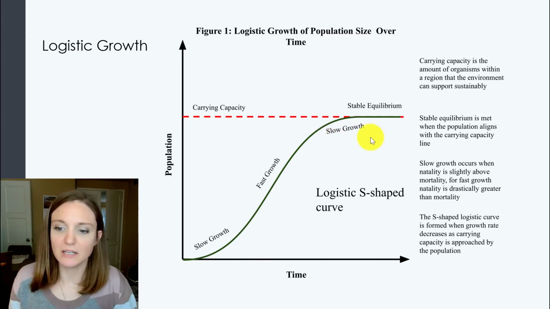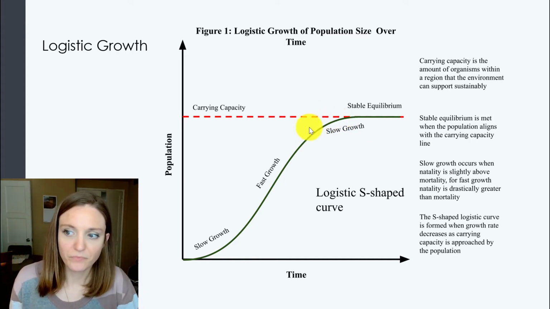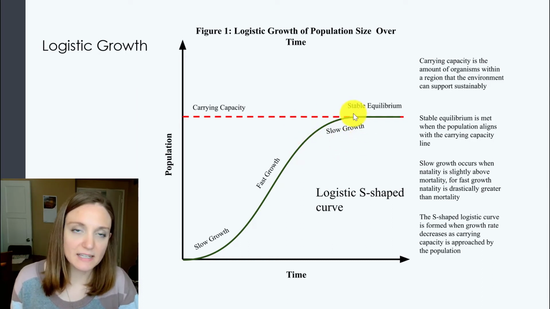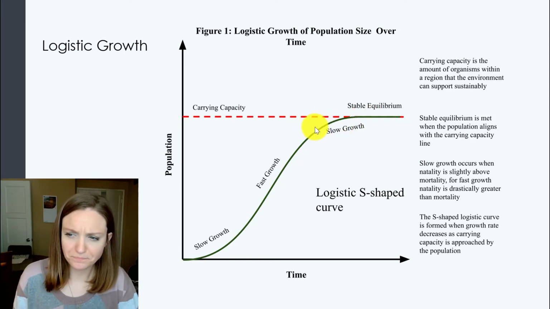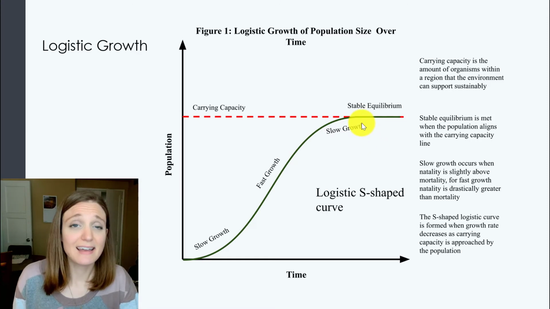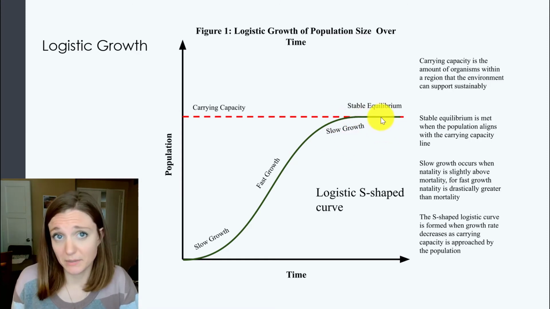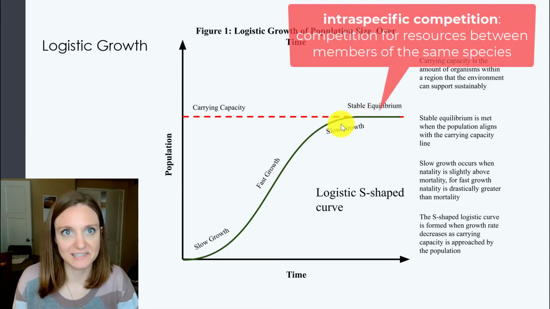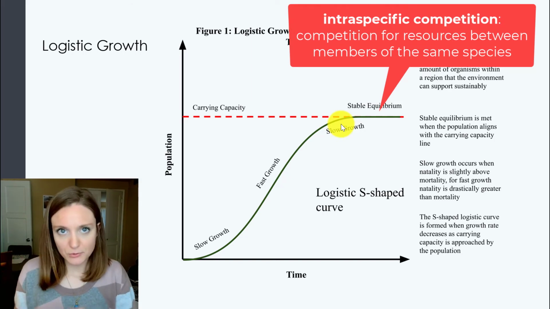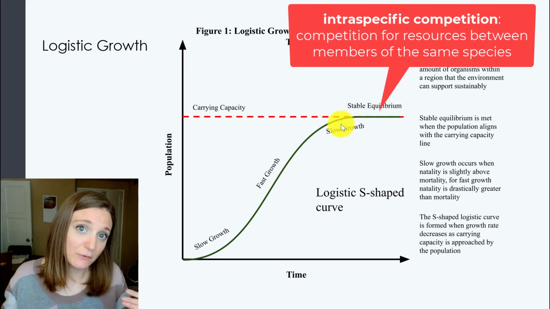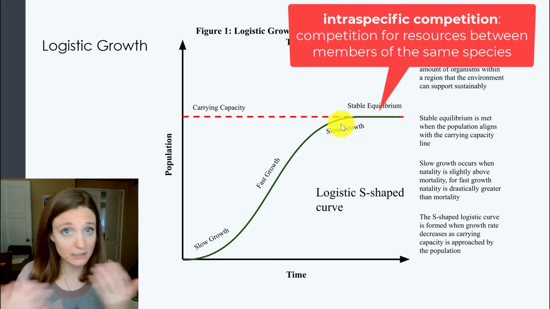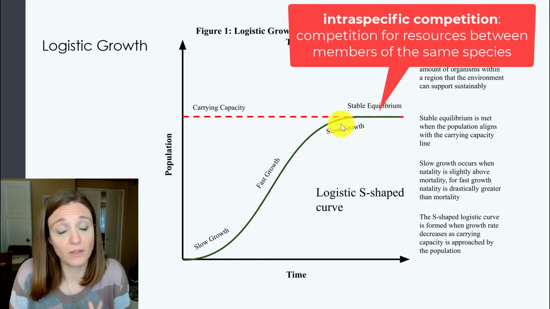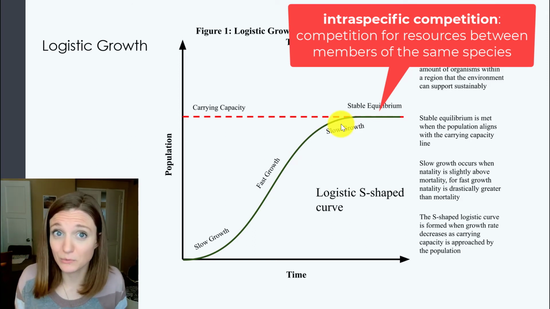But what's going on here in this slow growth rate? In this area of the growth over time, we start to see intraspecific competition kick in. What's that? Well, that's when individuals of the same species are competing with each other for any resource that they need to survive. Most commonly, this is going to be food.